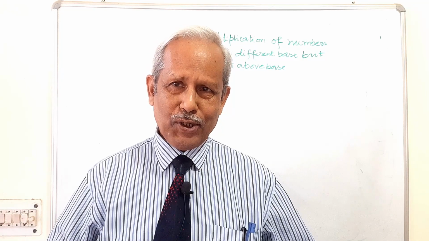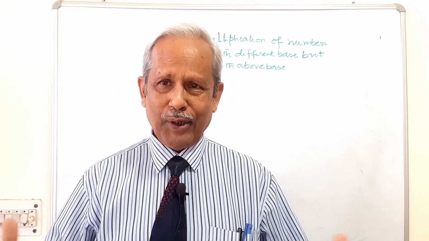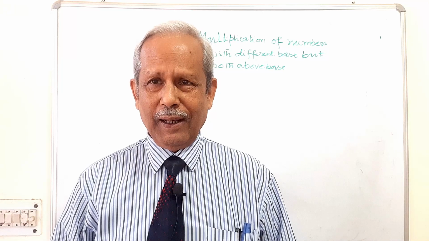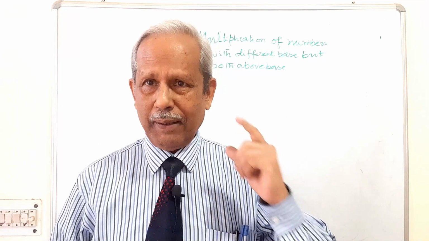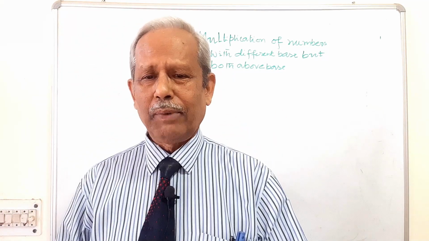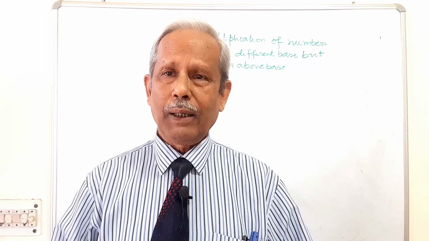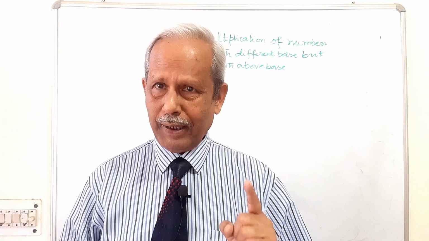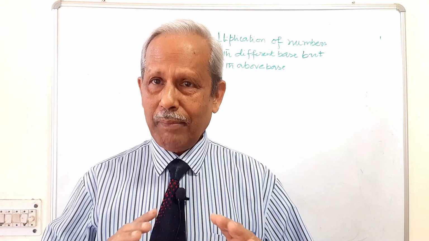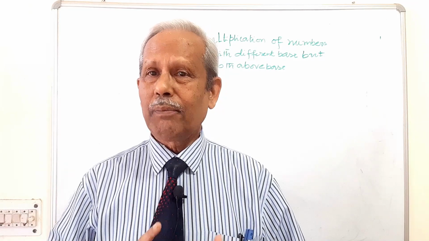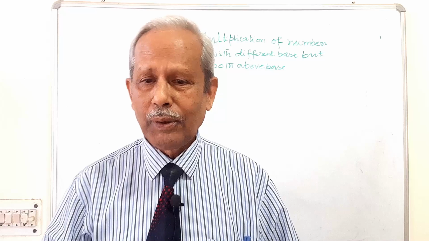So what we are going to start today, before I talk about that, let us think what we have done in the last time. In our last session, we have done multiplication of two numbers of different base, but both are below base. Two different numbers, they have got different base, but both of them are below the base.